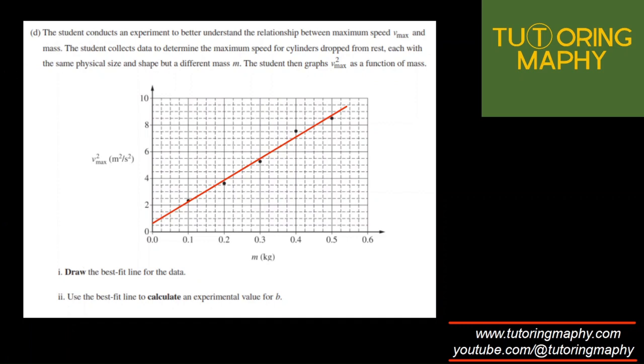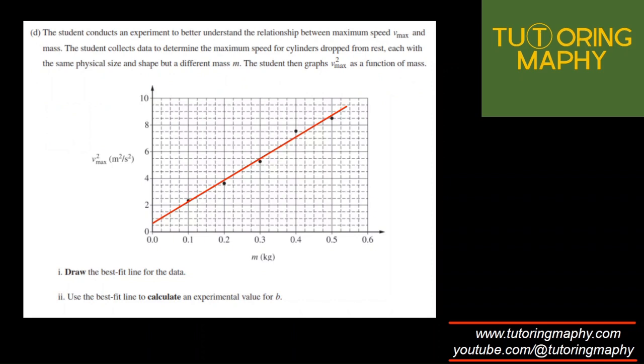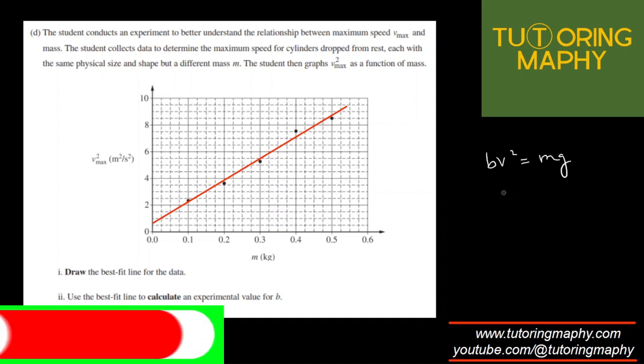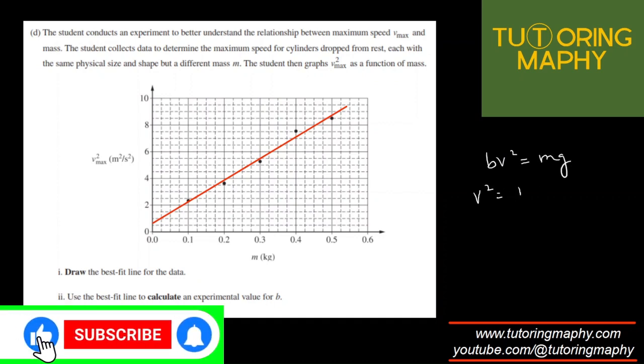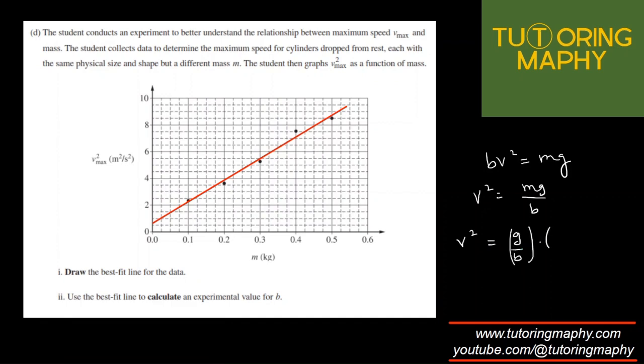For that we need to go back to our equation relating v and mass. There you go. bv² is equal to mg. So since bv² is equal to mg, v² is equal to mg over b. So v², which is y, is equal to g over b times m, which is x, right?